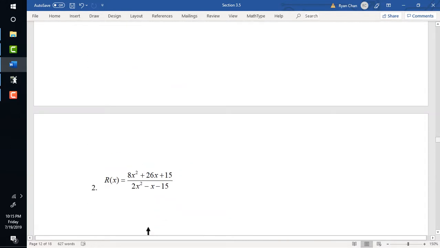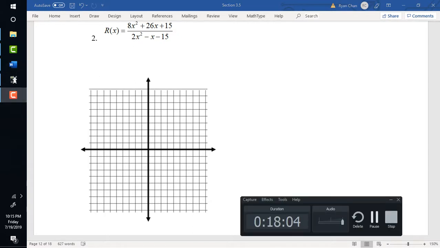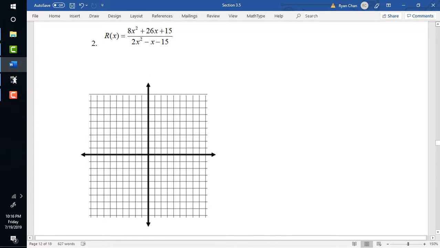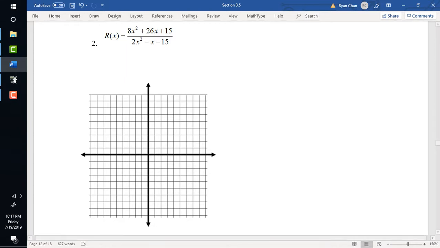Let's do number 2 for the following here. We're going to do the same thing once again. So we're going to factor everything out, and we're going to reduce. So the top becomes 4x plus 3 and 2x plus 5.